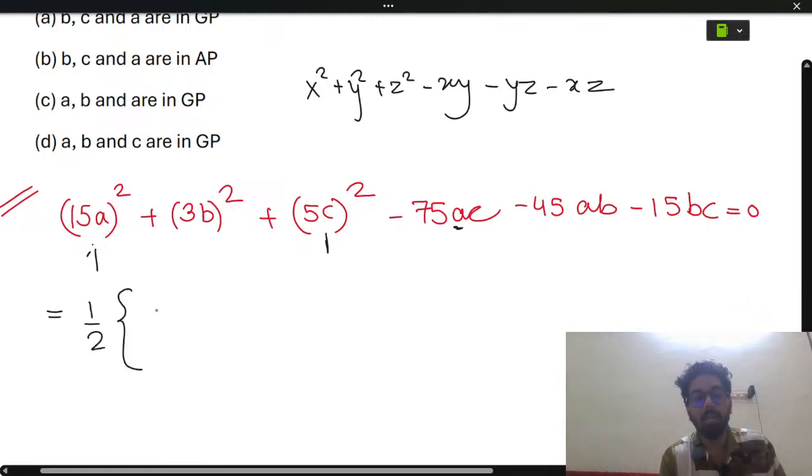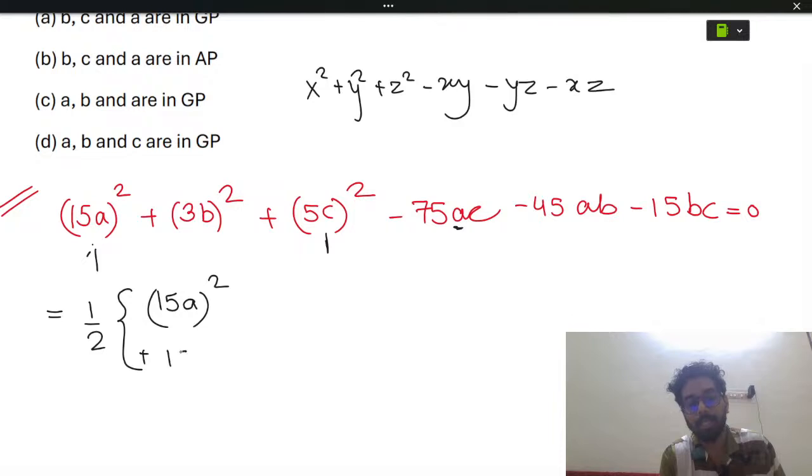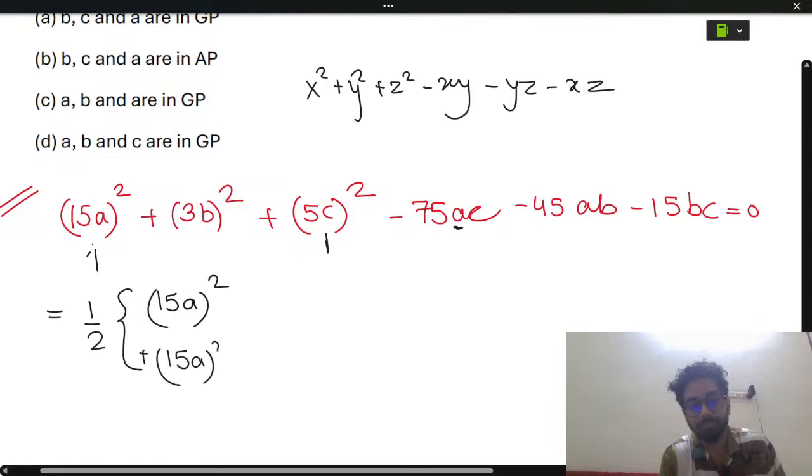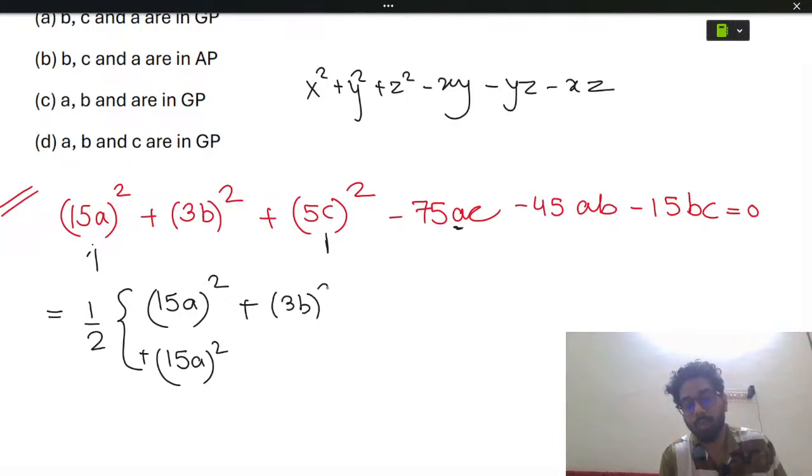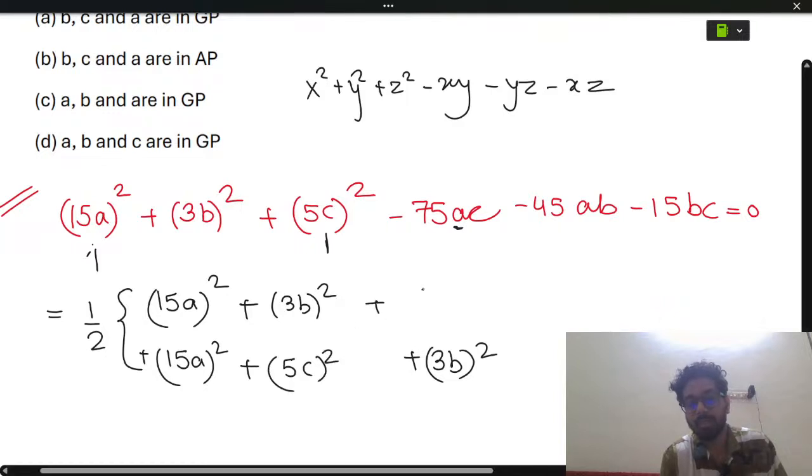So if you multiply by 2, it becomes 2 times of 15a whole square, but I will write down this as 15a square plus 15a square plus 2 times of 3b whole square is written as 3b whole square plus 3b whole square. Okay, 2 times of this, so I will write down this as 5c whole square plus 5c whole square.